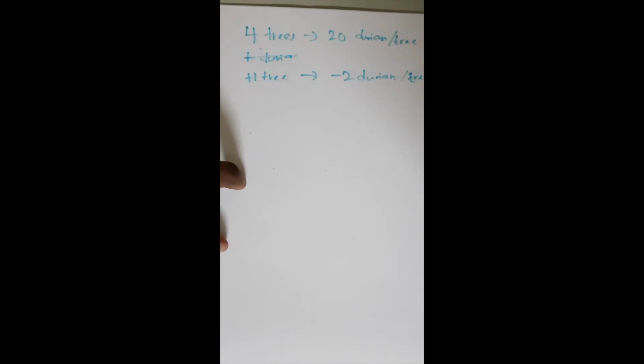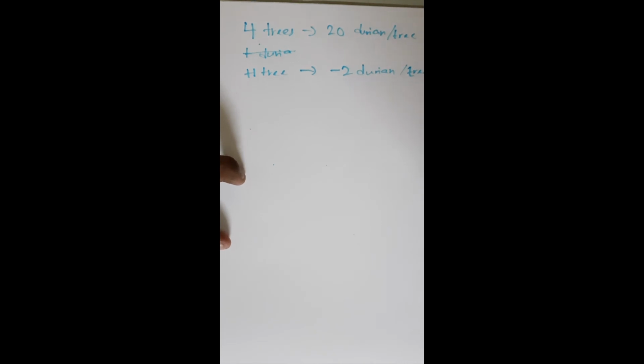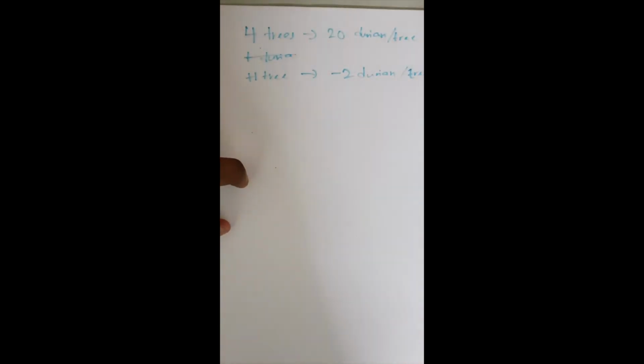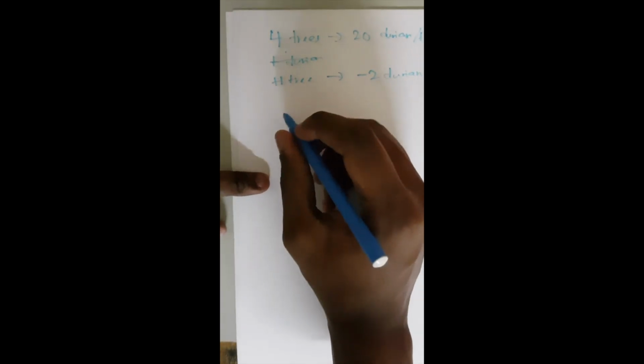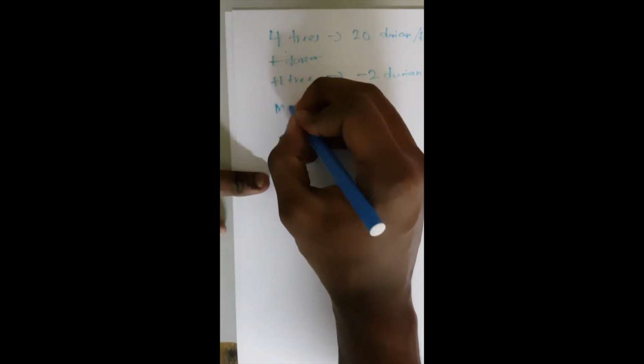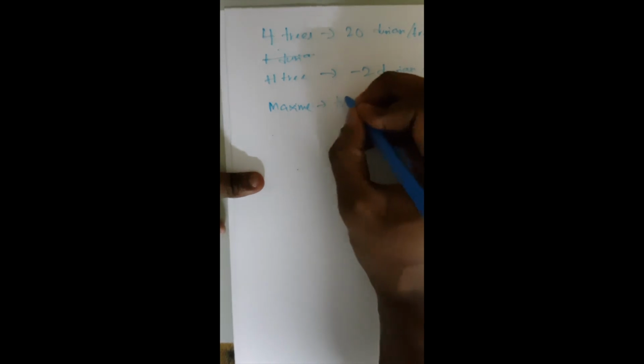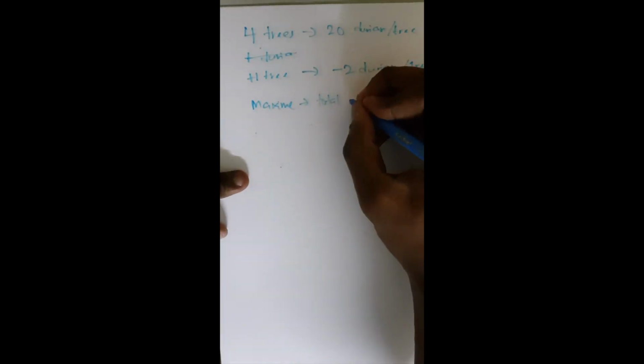What we're going to find is how many trees you add that will maximize the production of durian, the total number of durians. So the thing that we want to maximize is the total amount of durian.